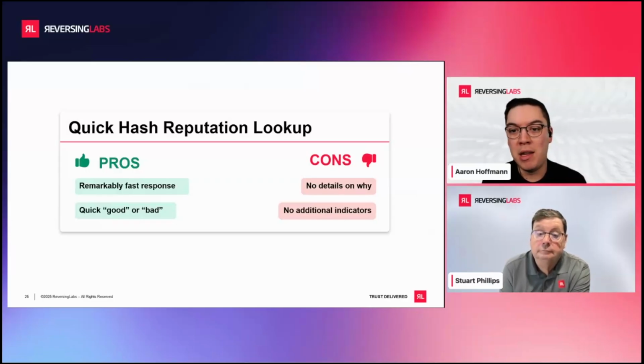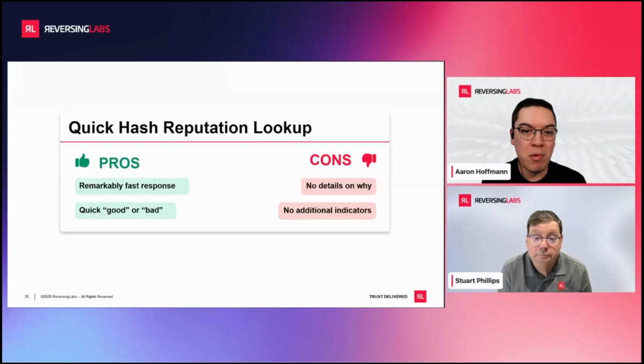However, the only issue with this is that there are not as many details as to why this file is considered malicious. And then there may not be any additional indicators associated with just that quick reputation lookup. So if you want to be a little bit more proactive, like blocking maybe additional network indicators that may be associated with that malware, that would be a con of the hash reputation lookup. But we do have workflows to handle those particular cons.